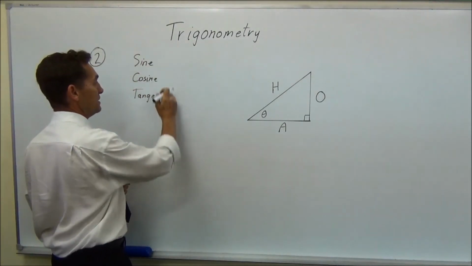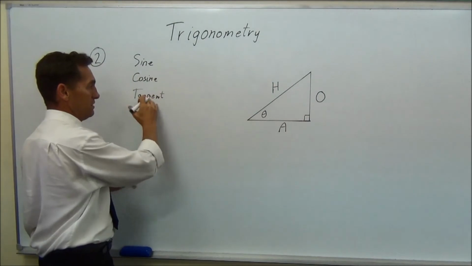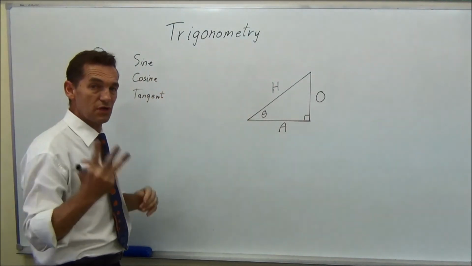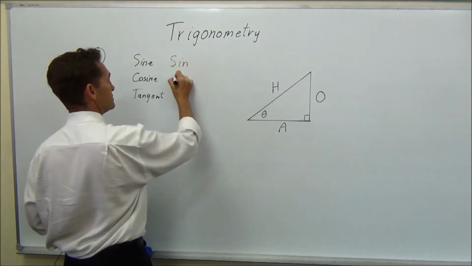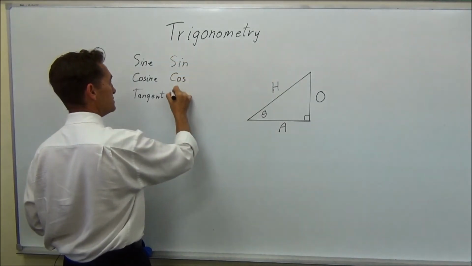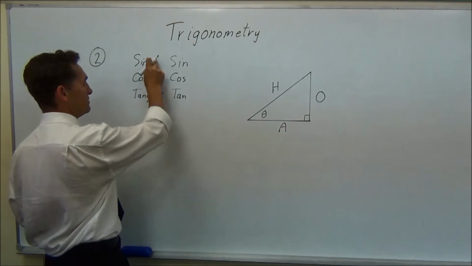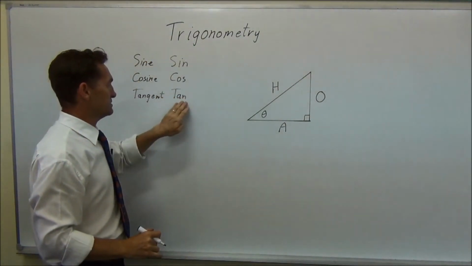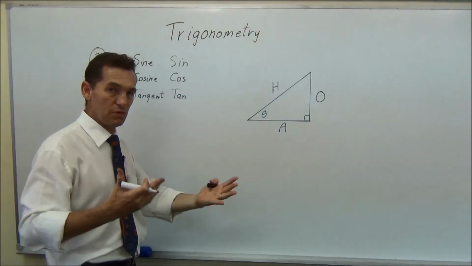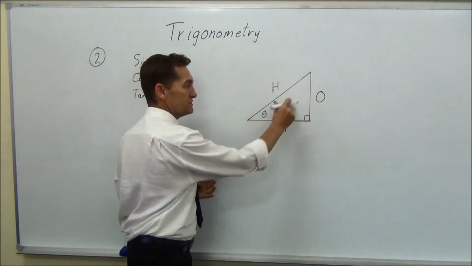So sine, and you simplify learning those bigger words by just 3-letter words, and they usually have sine, cos and tan, and you don't refer to those so often for students anymore. You just go sine, cos and tan, and then you learn what the relationship is with this triangle.